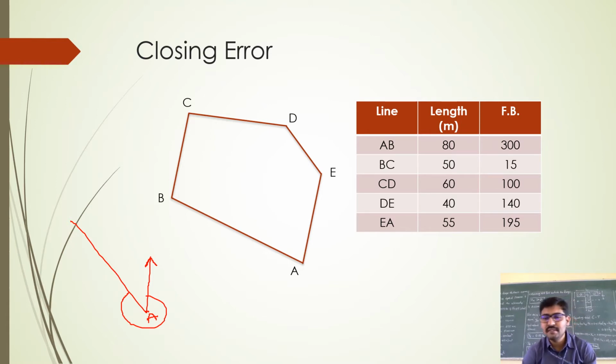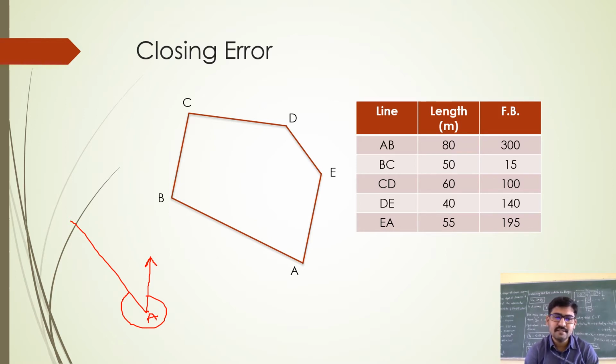So what will be the conversion? 10 meters will be equal to 1 centimeter on the paper. So it is going to be a scale of 1 centimeter equals 10 meters. So that is the scale being adopted, right?